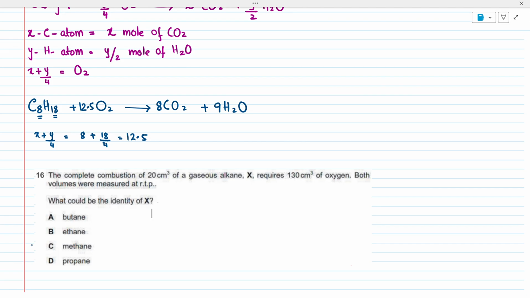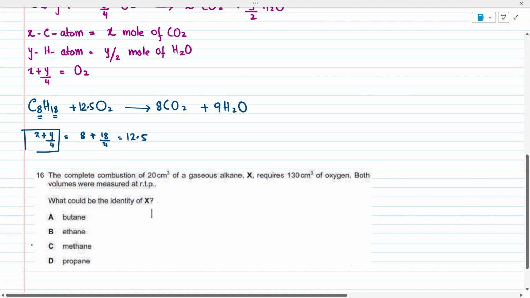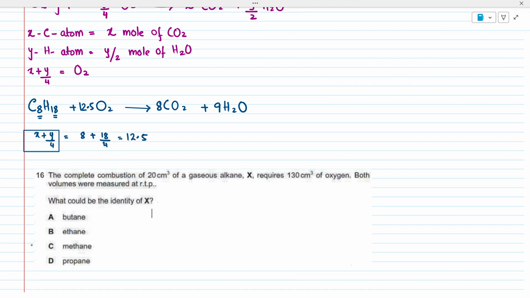So this question seems to be very easy, but it is tricky. In this question, you have to use two pieces of knowledge. The first one is stoichiometric knowledge, and the next one is the knowledge of this factor. We know that these are gases. The alkane is in gaseous form, and oxygen is a gas.